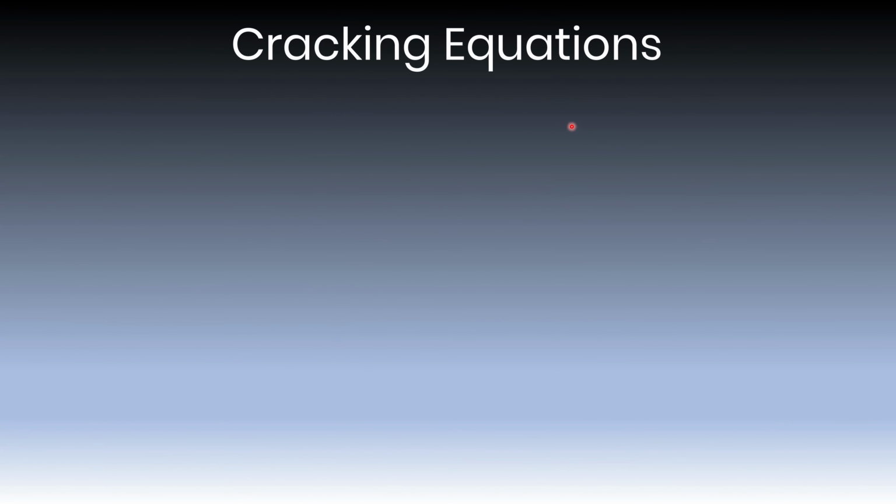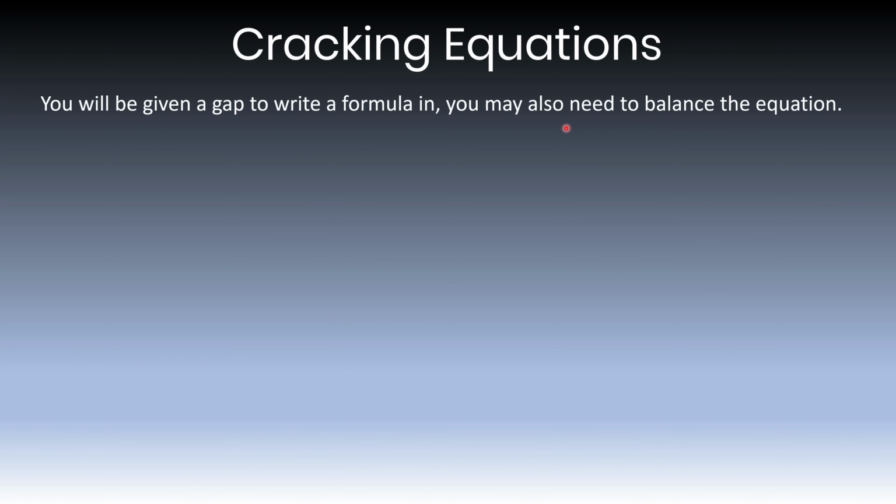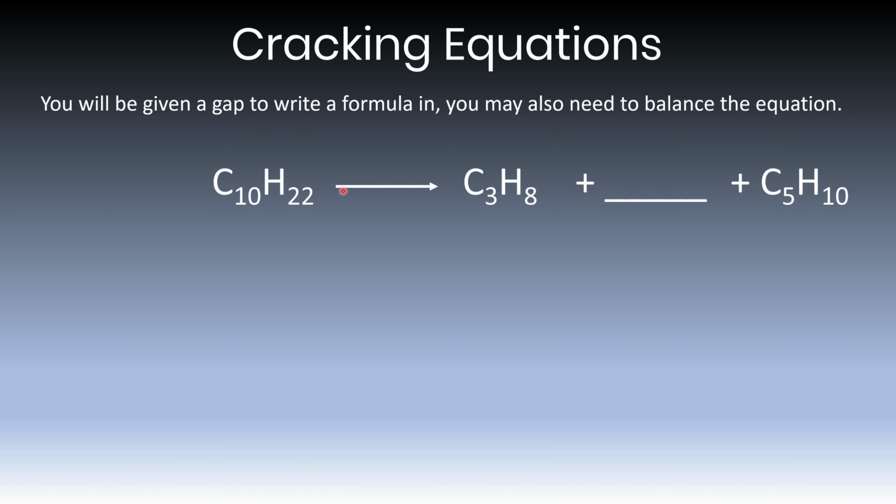Finally, let's look at equations for cracking. Typically in GCSE, what you're given is an equation and it's got a gap, and you're asked to write a formula in that gap, and you may also need to balance the equation. Here's an example of one. We've got a longer chain hydrocarbon, not that long, but it's longer, C10H22, so we'd call this one decane.